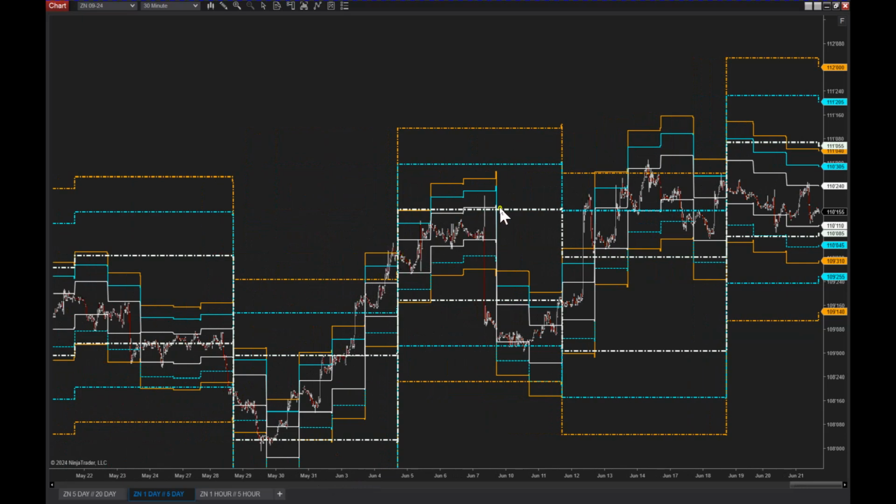Here we went to the 5 day one and came back down, broke the 5 day one to the downside, went to the 5 day two, and then again back up. So here was your cross, recross, cross down, stop sweep, recross, and go. And now they're starting to buy these ones again.